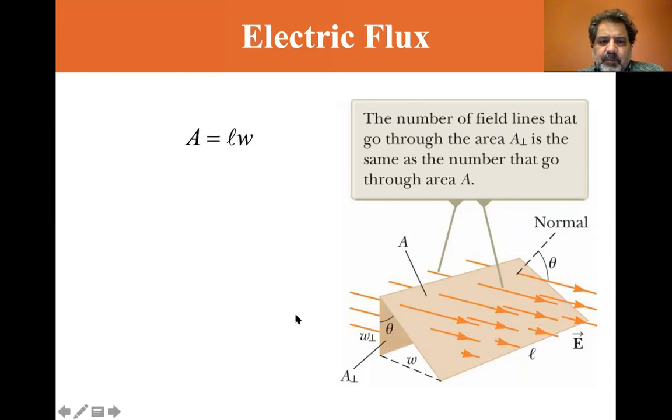So the area is equal to LW, and I want to caution you because I was looking at this and I was confused. They explain it well in the book, but it's a little deceiving, and let me explain why.